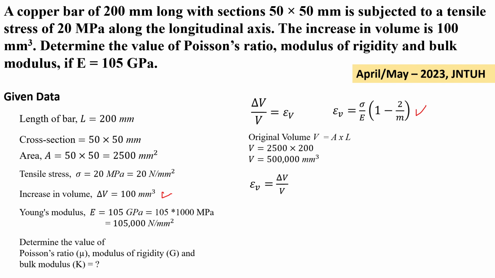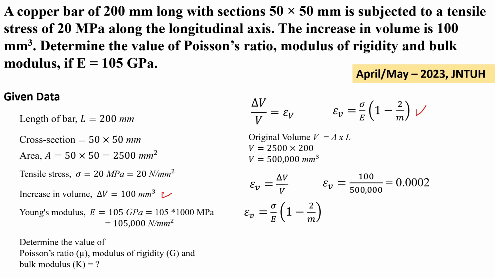Both are in mm cube only. Then epsilon V, the volumetric strain, equals 100 divided by 500,000, which is equal to 0.0002.